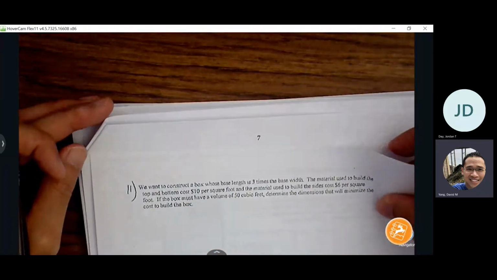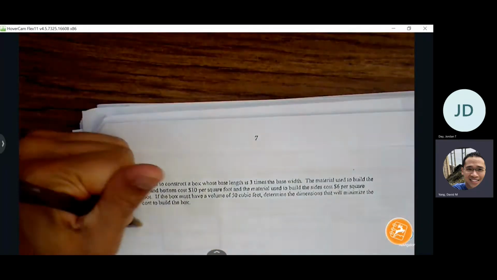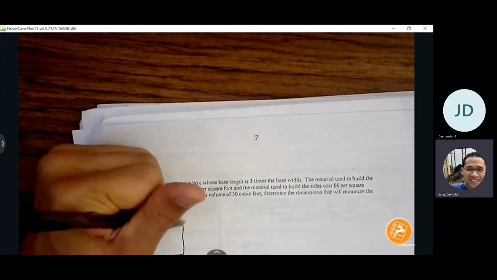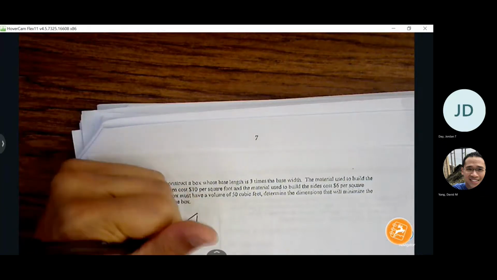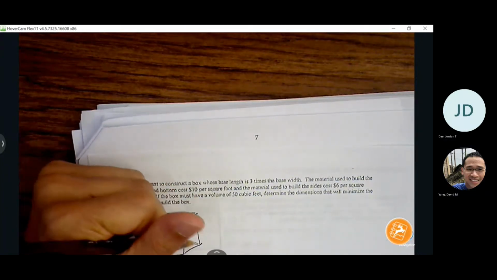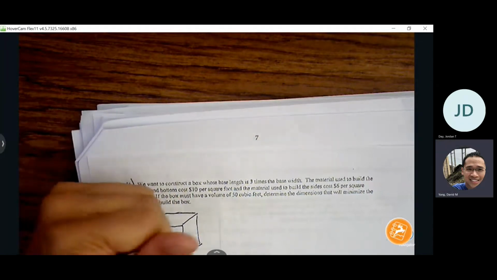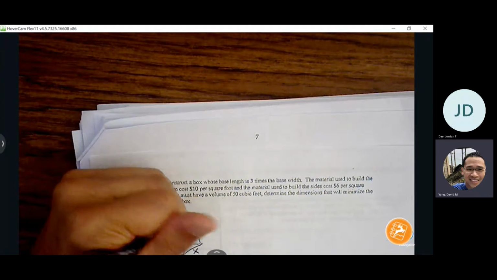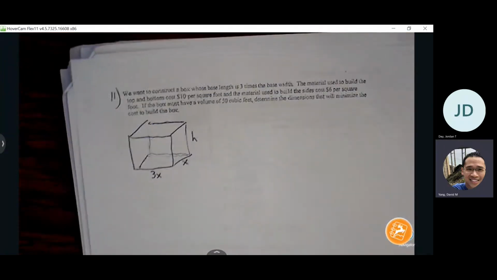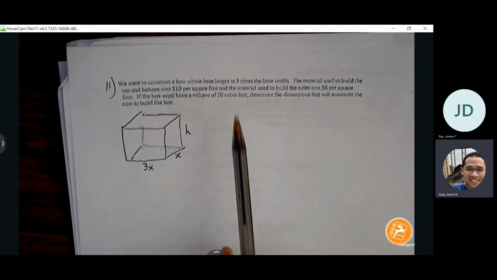Base is 3 times the length of the width. So let's say this is x, this is 3x, and then we have a height. Construct a box whose base length is 3 times the base width.